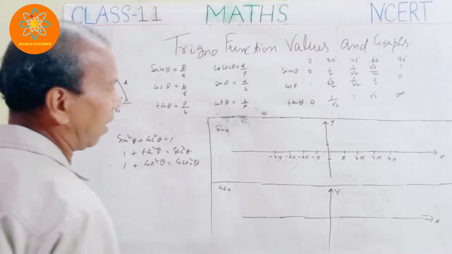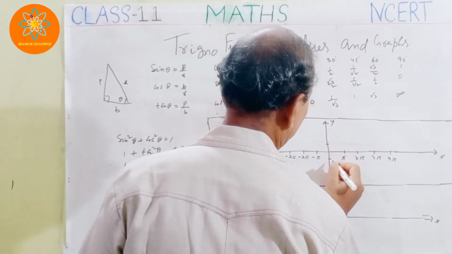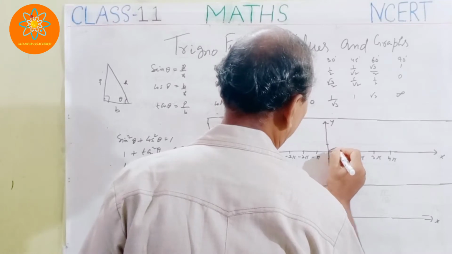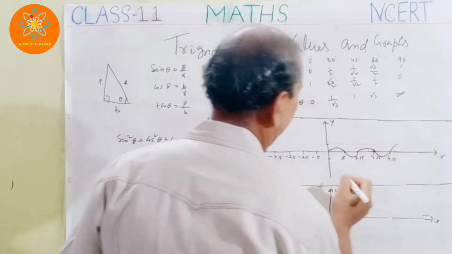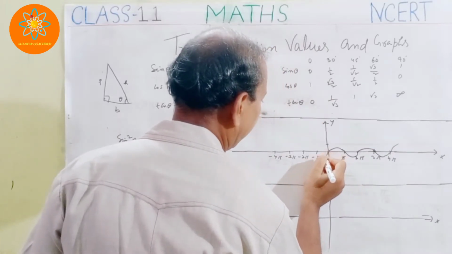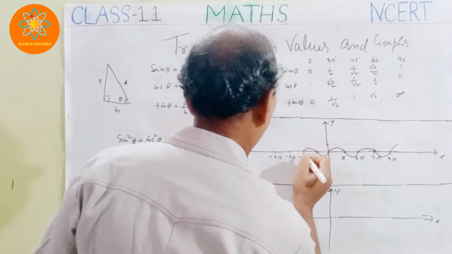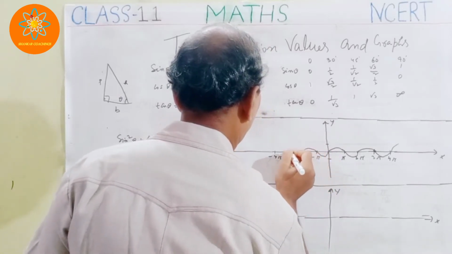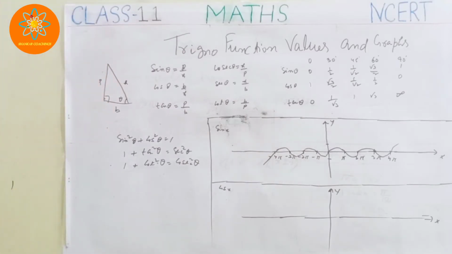So the graph will be like this, and on the negative side it will be like this. So this is the graph of sin x.